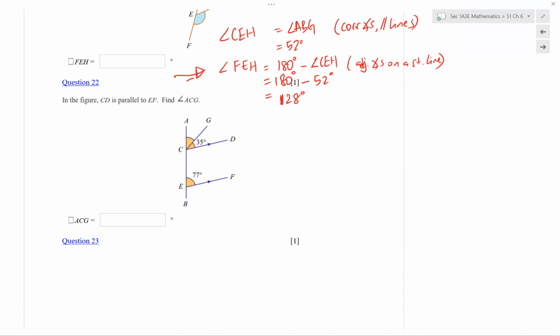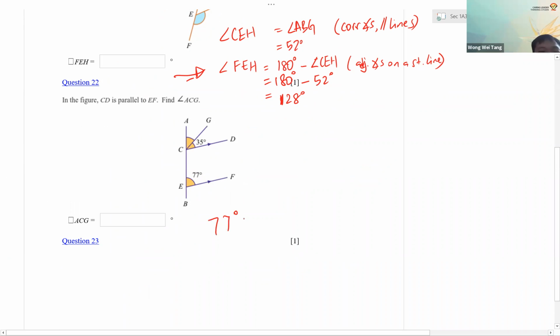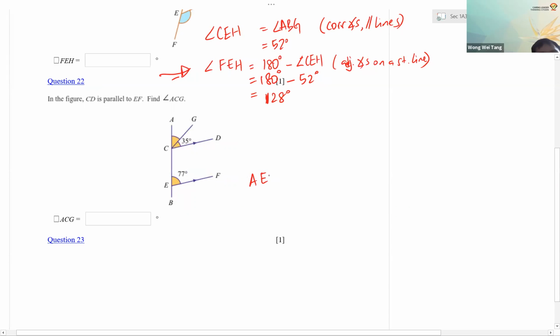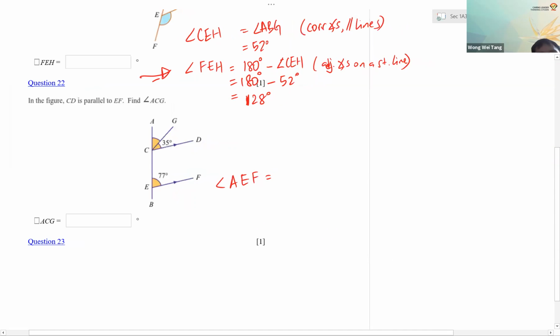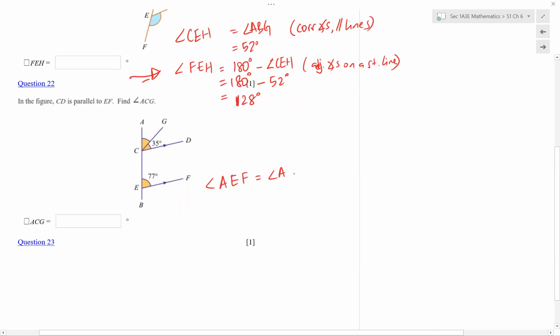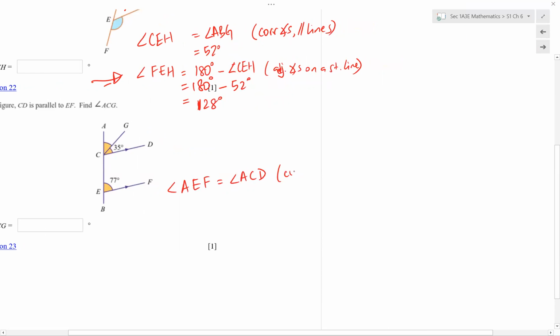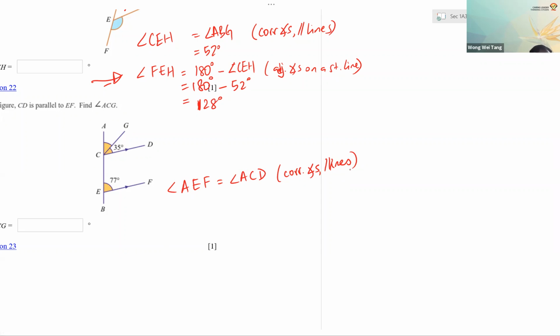Angle AEF equals angle ACD. Corresponding angles, parallel lines. Good start, good start.